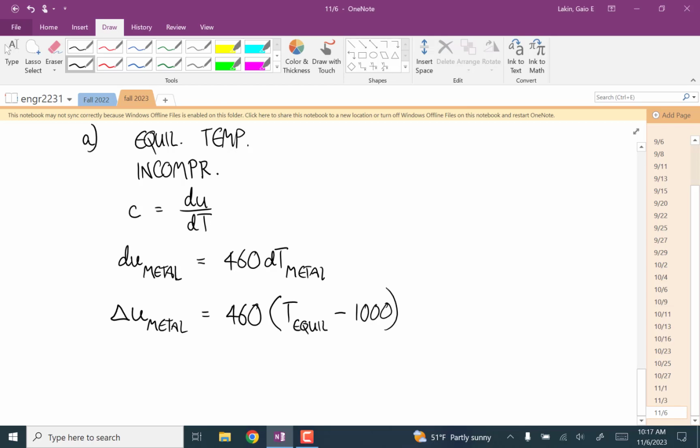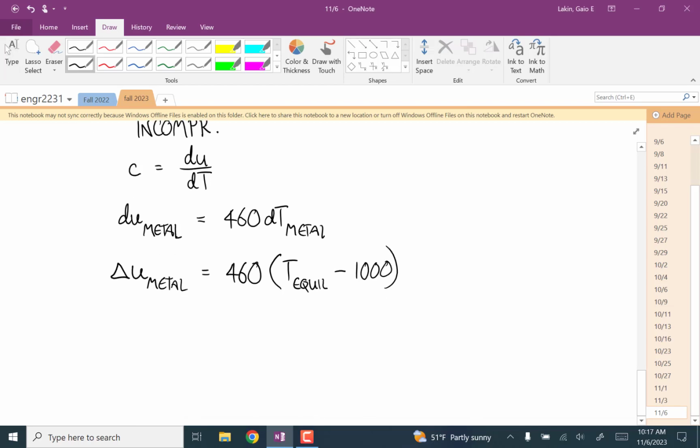We're going to get all our temperatures in Kelvin. And thinking the same way, we can get the change in specific internal energy for the water is equal to 4186 times the quantity equilibrium temperature minus the starting temperature for the water.